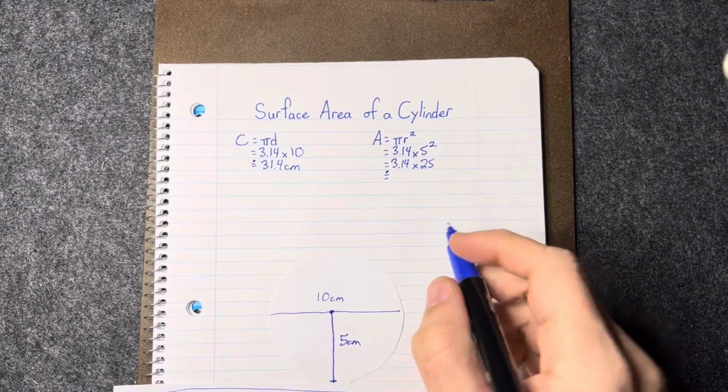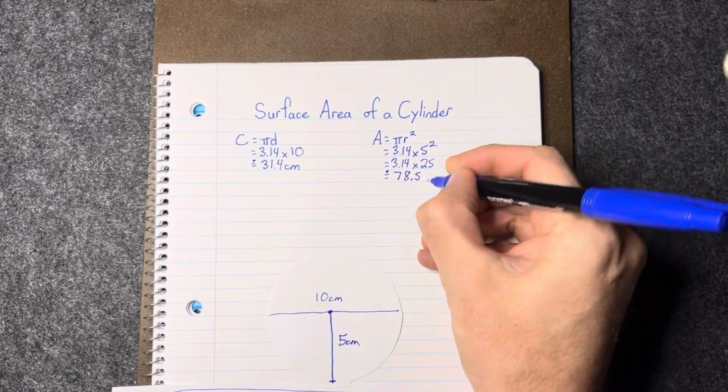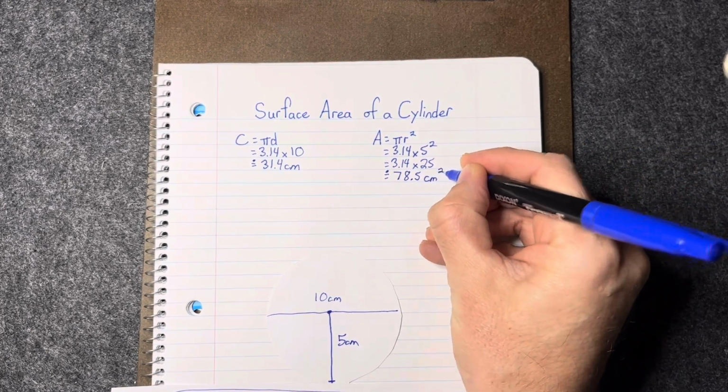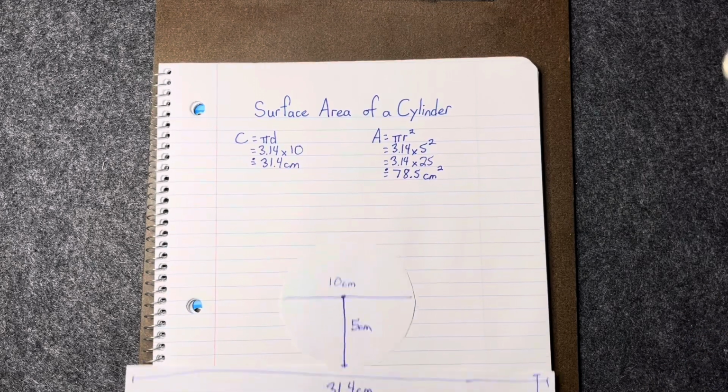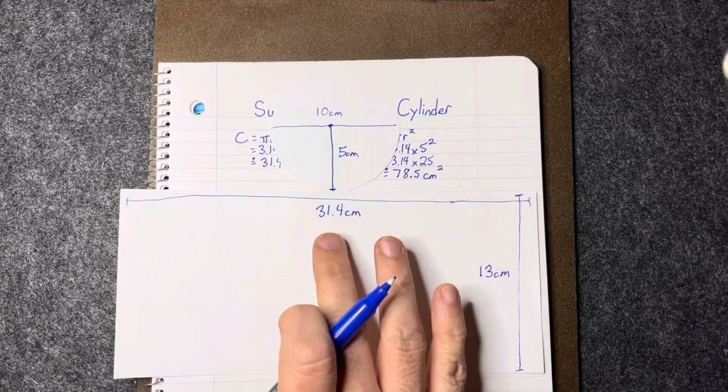All right, so then we do the calculations. 3.14 times 25 equals 78.5 centimeters squared, right? And then for the rectangle, 31.4.